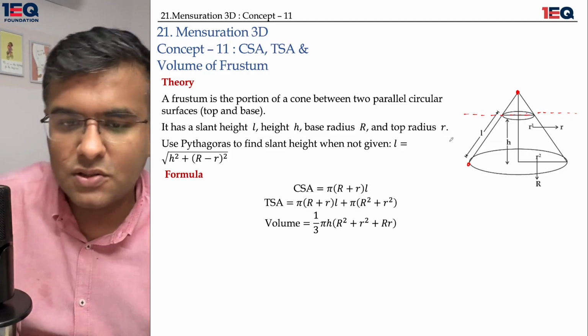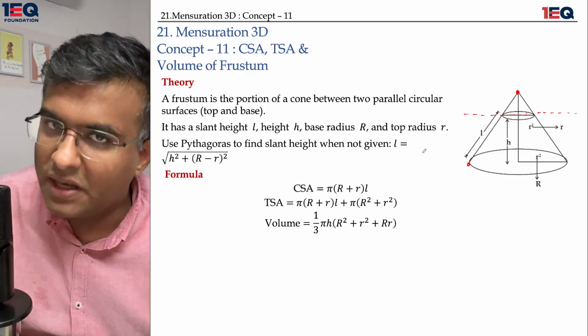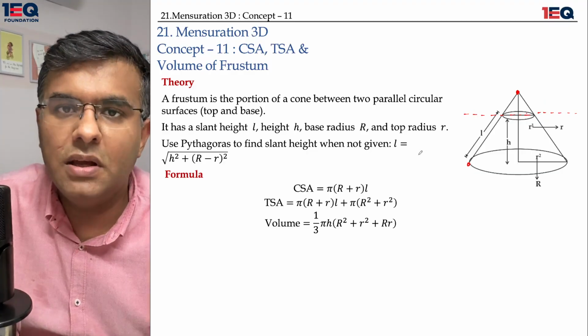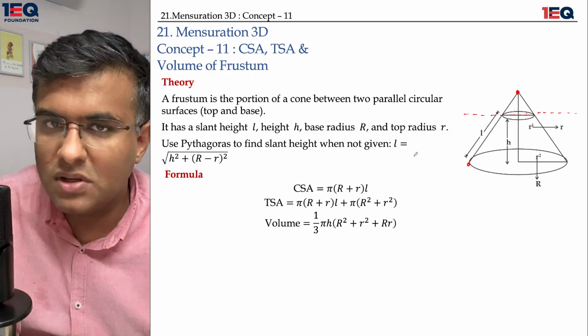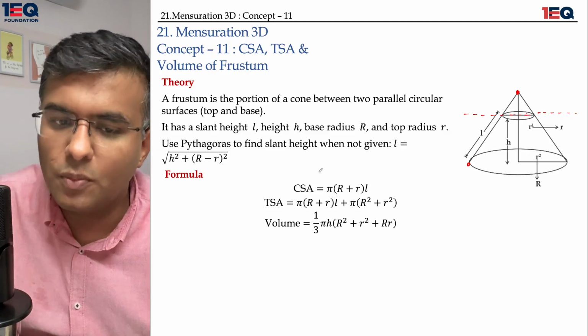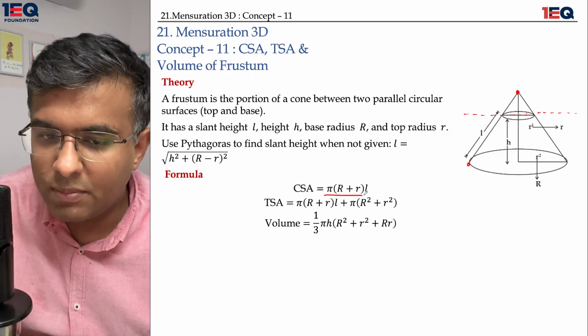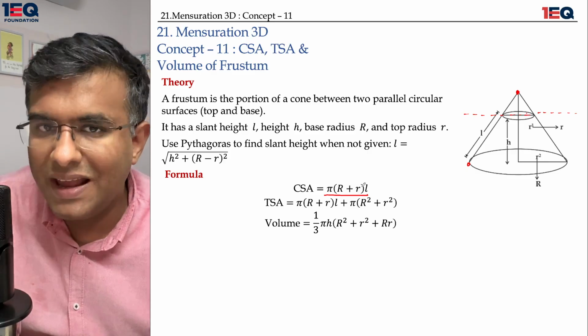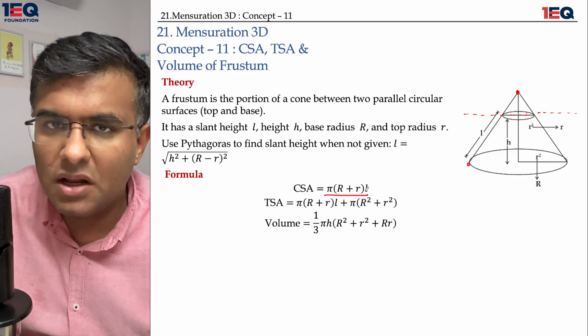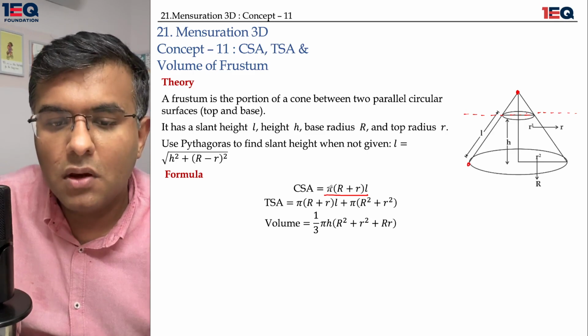In this particular situation, we would have again the same quantities of curved surface area, total surface area, as well as volume. If I talk about curved surface area, I have pi r plus r into L, or pi L multiplied by capital R plus small r. Why do we do that?